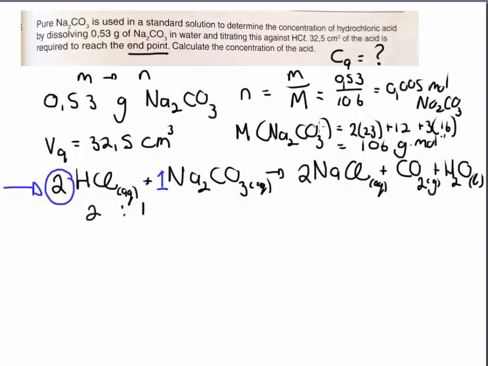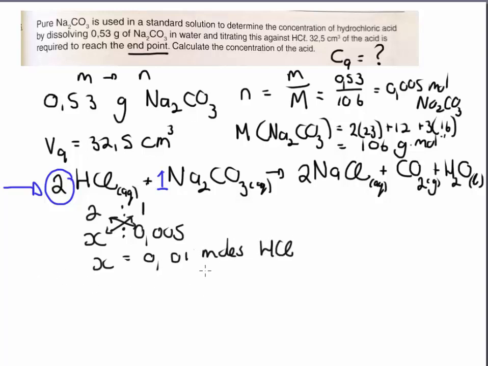I know that I have 0.005 moles of Na2CO3, and therefore I can make the amount of moles of HCl my unknown, and I'm going to use x. I multiply crisscross, and now I see that x is going to be equal to 2 times 0.005, which gives me 0.01 moles of HCl.